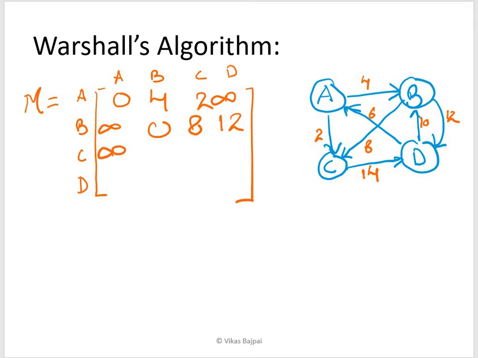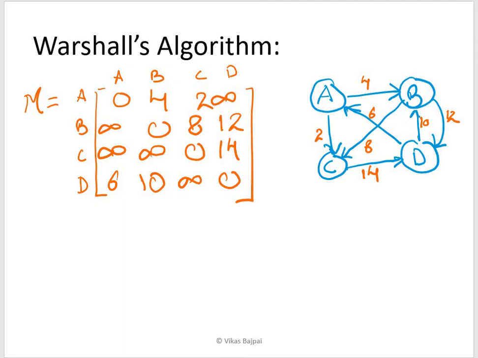For C to B, once again I don't see anything. For C to C it will be 0. For C to D it is 14. Then from D to A, yes, I have 6. From D to B I have 10. From D to C I don't see anything, infinity. From D to D, of course, 0. So this is the first step. This is the first matrix M.